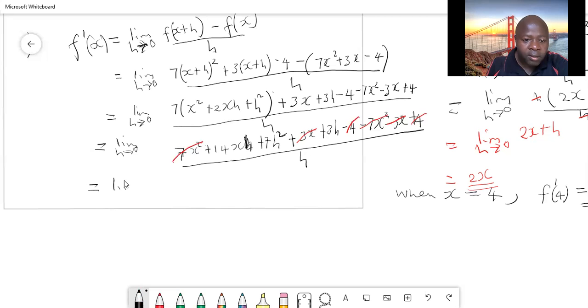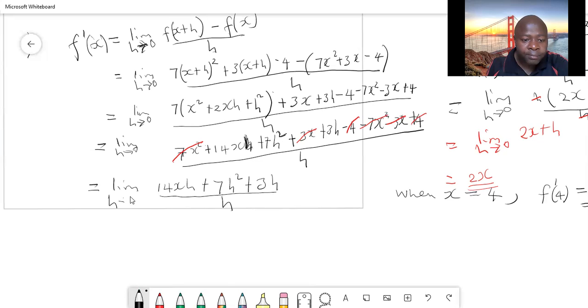So that means we now have the limit. What is left there is 14xh plus 7h squared plus 3h over h as h tends to 0.